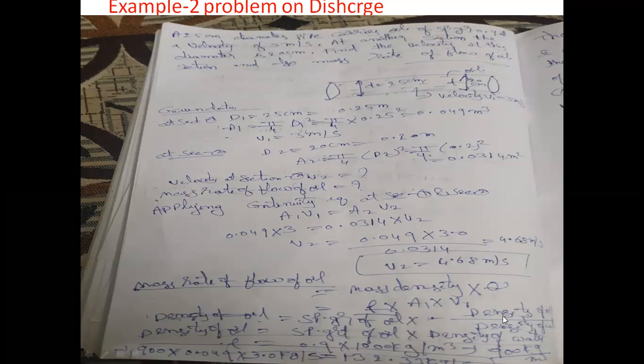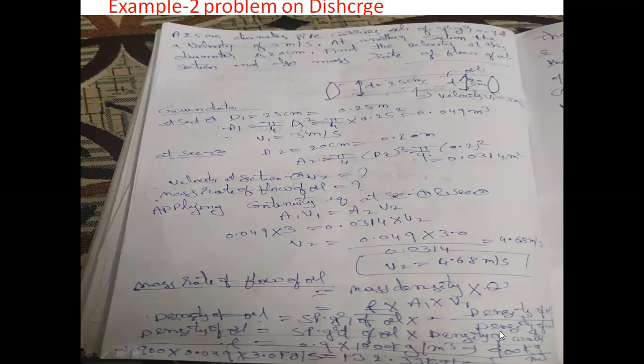Now we find the density of the oil. Density of the oil equals specific gravity of the oil into density of the water. Specific gravity of the oil is given in the problem as 0.9, and the density of the water is a fixed value of 1000 kg per meter cube.